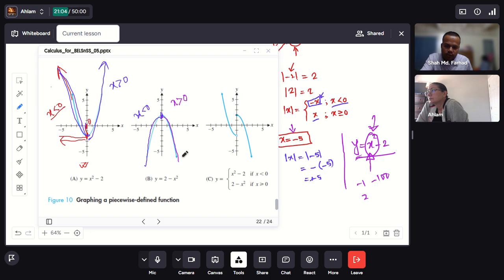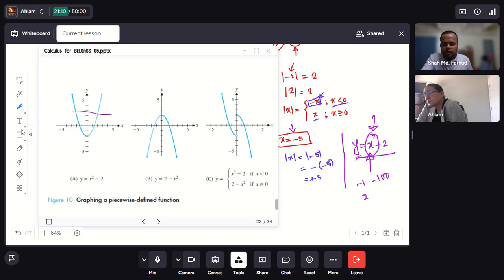Now, if we combine this, that means we consider x less than 0 from here, and x greater than 0 from here, then what will be the combination?